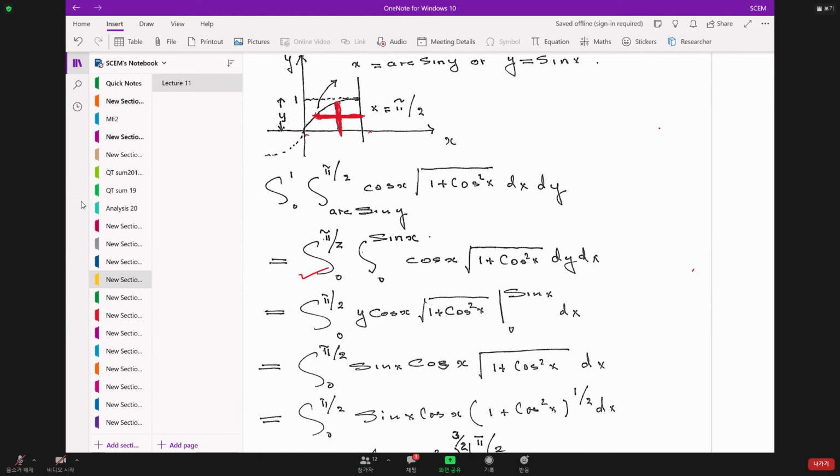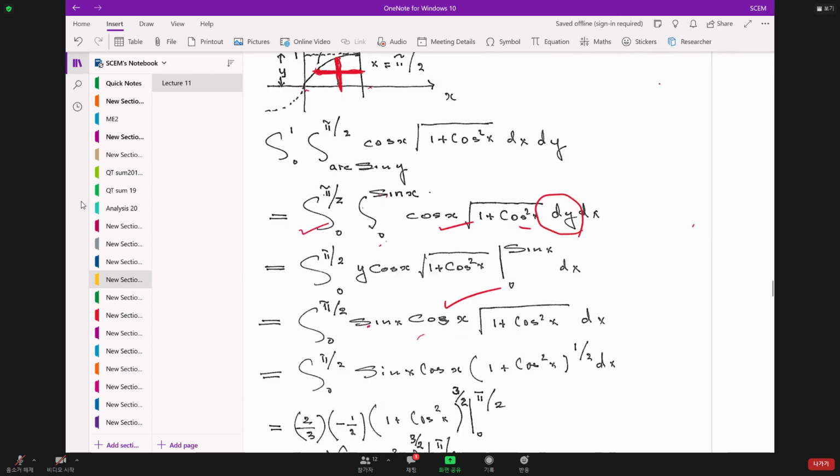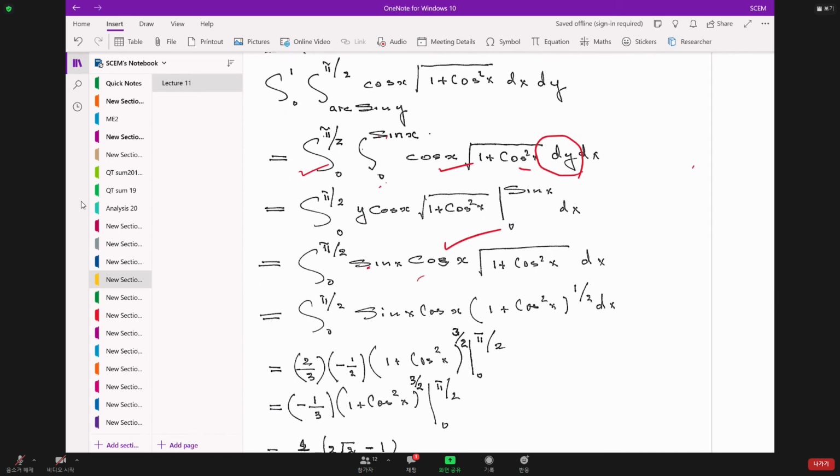First you integrate with respect to y, keeping x fixed. If you integrate with respect to y, dy becomes y, and put the limits of integration: sine x, lower limit is 0. Now this is straightforward. How do you integrate this? First 3 by 2, then multiply by 2/3.